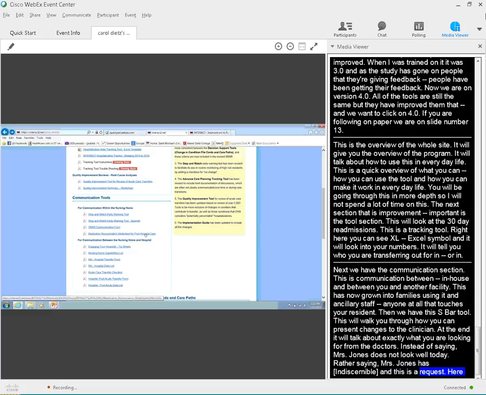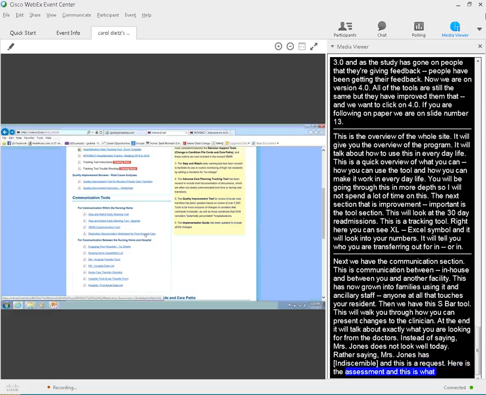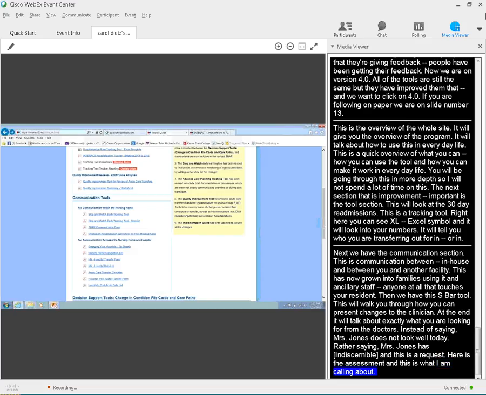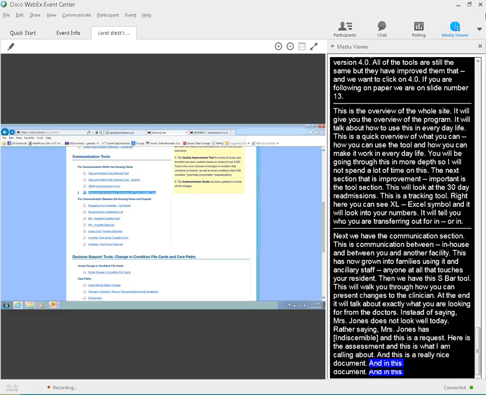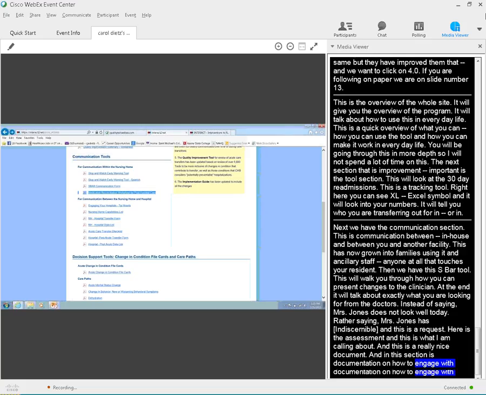And there's a really nice document in this section for medication reconciliation. In this section, there's also documentation on how to engage your hospitals. If you're really new to Interact, I would spend some time here.